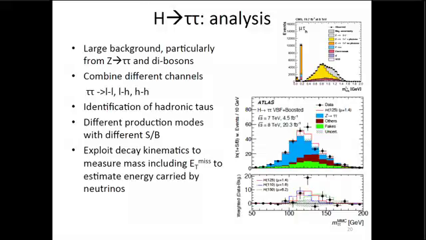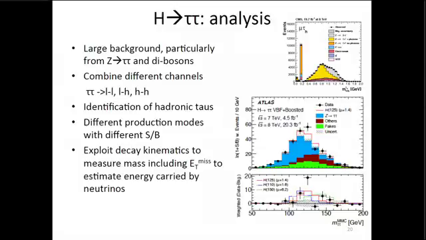So these different production modes are combined using signal over background categories, as explained below. And the other point is that to reconstruct the mass, in the case of taus, you have escaping neutrinos. So you need some method to exploit the kinematics and the missing energy to reconstruct the mass at best.